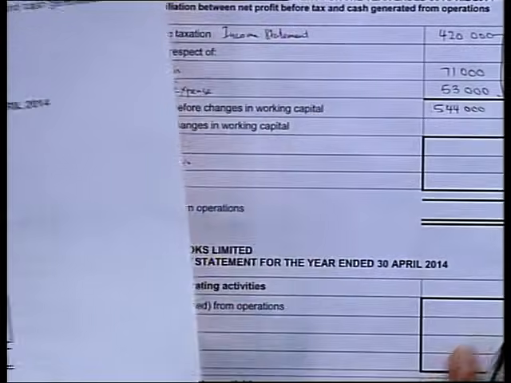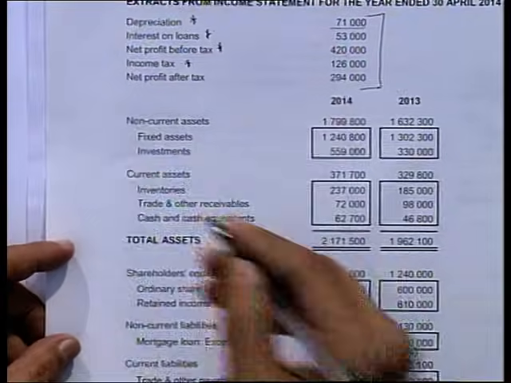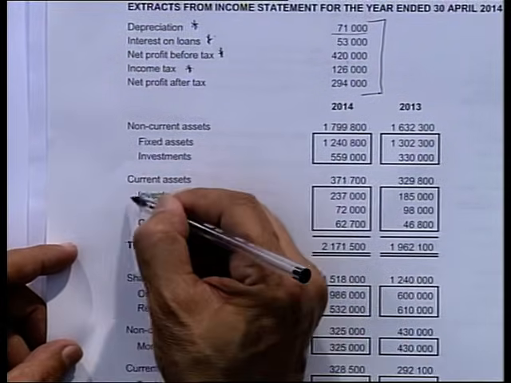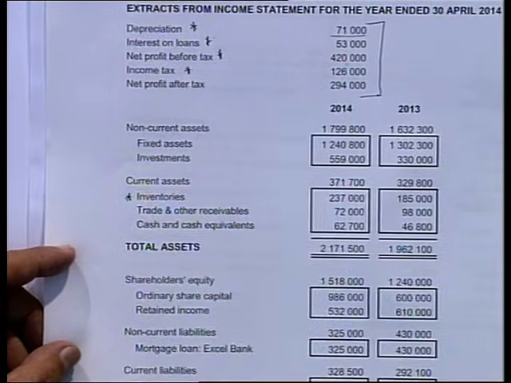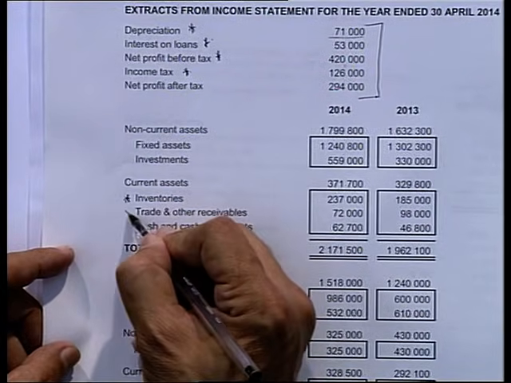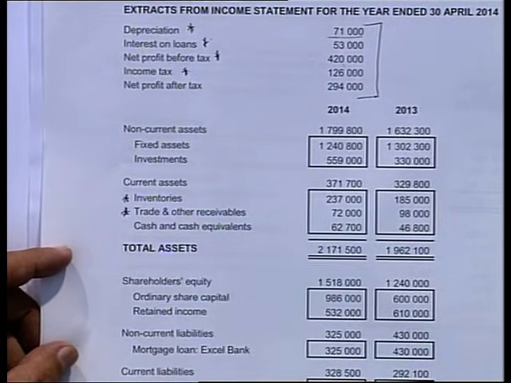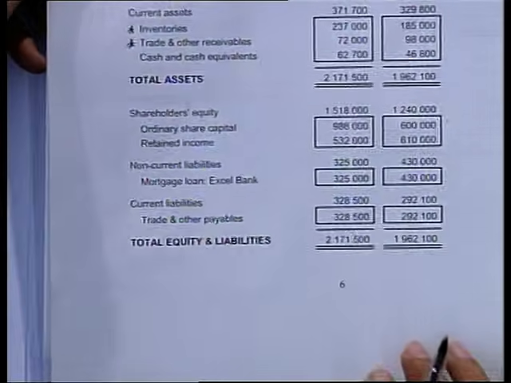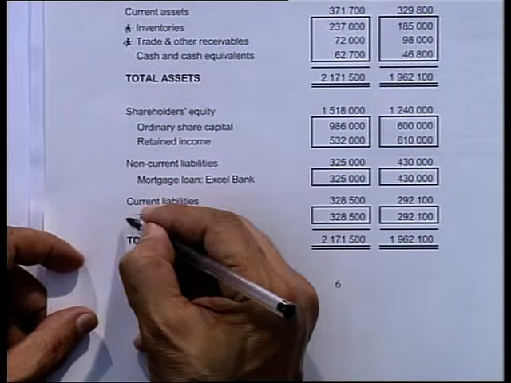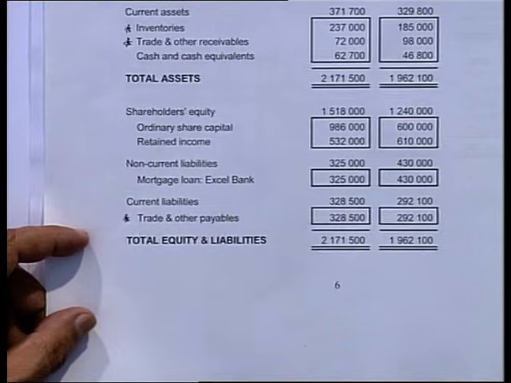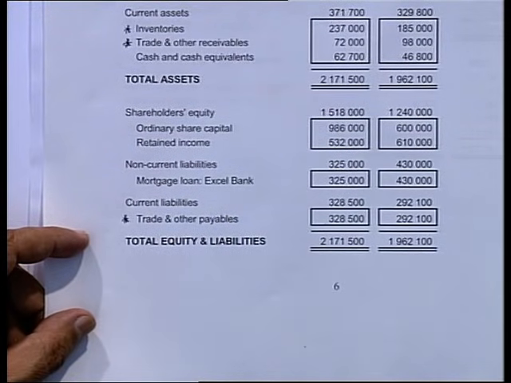So for those figures, we'll have to look at the balance sheet. We're looking for inventory, which appears under current assets. We're looking for trade and other receivables, which appears under current assets. And the last one we're looking for will be trade and other payables, which appears under current liabilities.